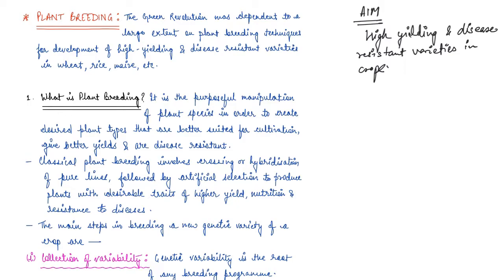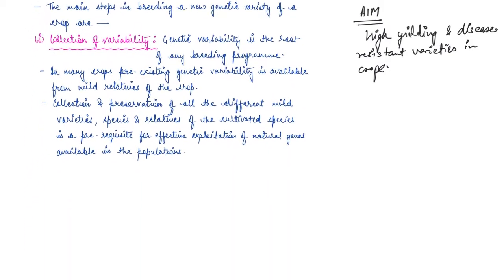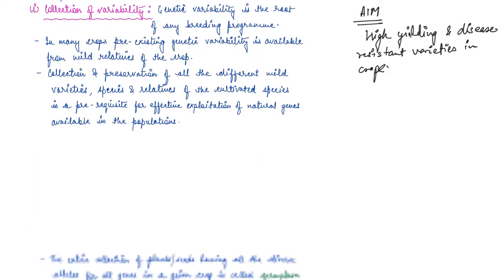So what are the main steps in breeding? Let's see that, right? In order to breed a new genetic variety of a crop, the main steps are, first, collection of variability, right? So what is collection of variability? Basically genetic variability, diversity in genes.